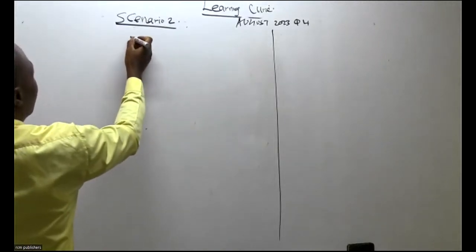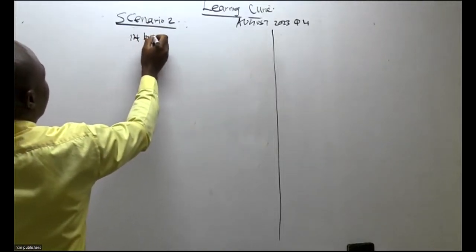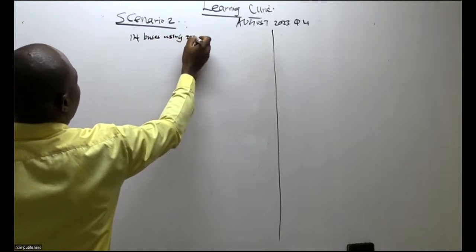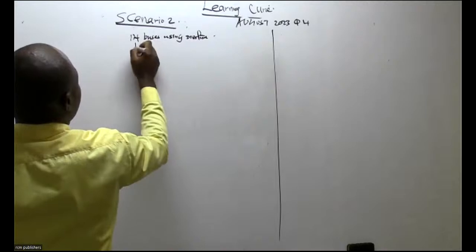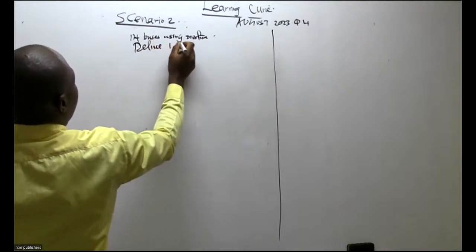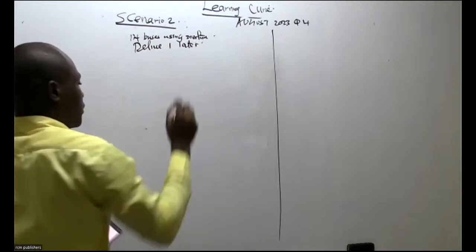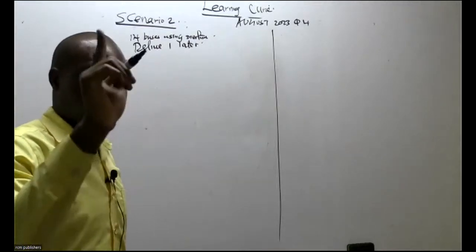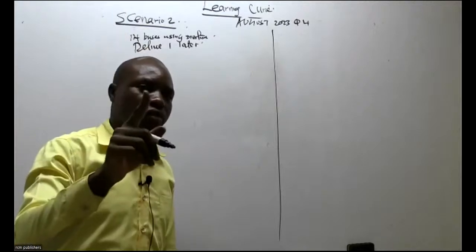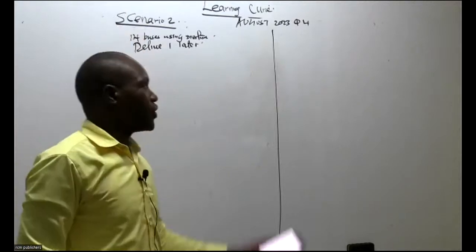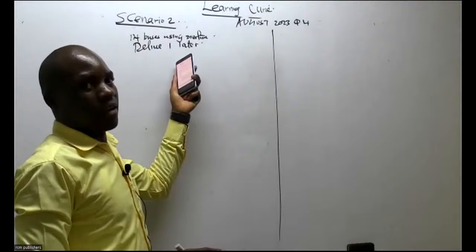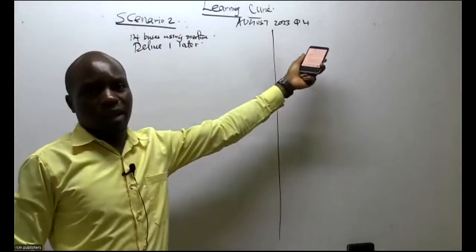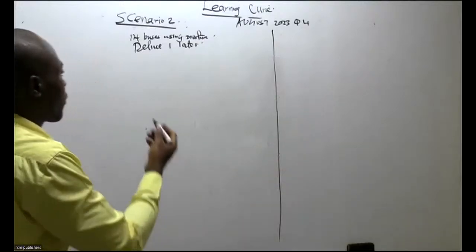We want to produce 14 buses using overtime, then deliver 1 later. Late delivery of the buses leads to a penalty of 1.5 million per bus. So already we have the penalty here. It does not depend on the number of days. This penalty is already appearing. That is 1 mark gone.